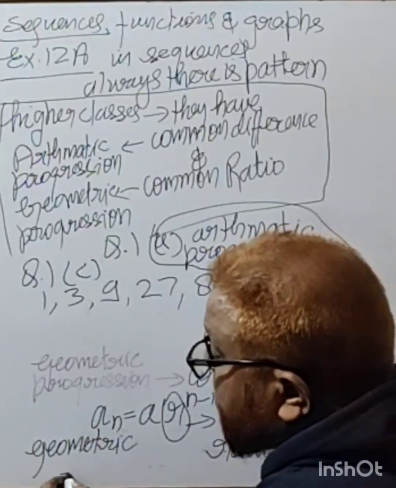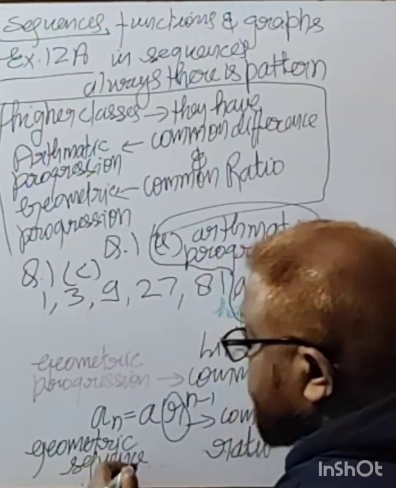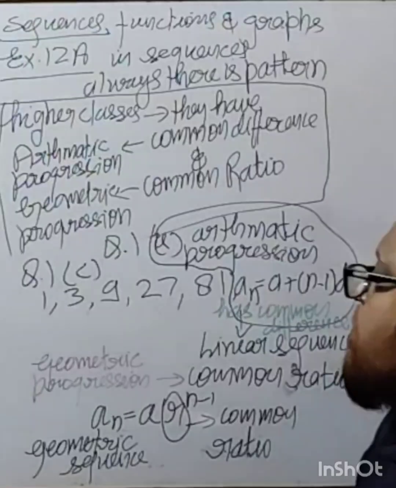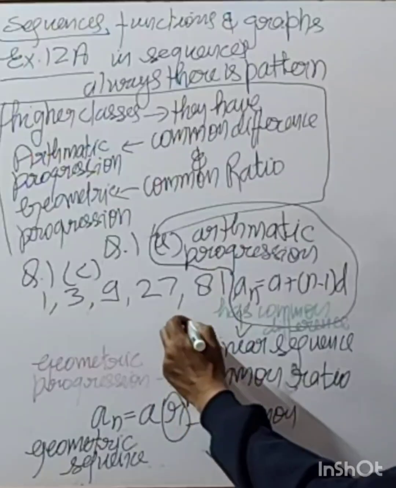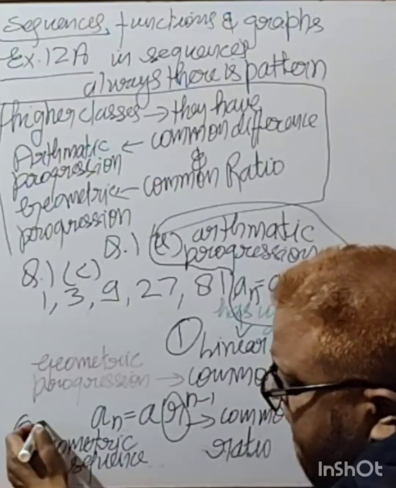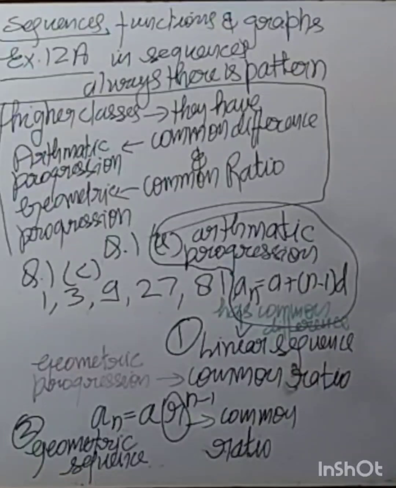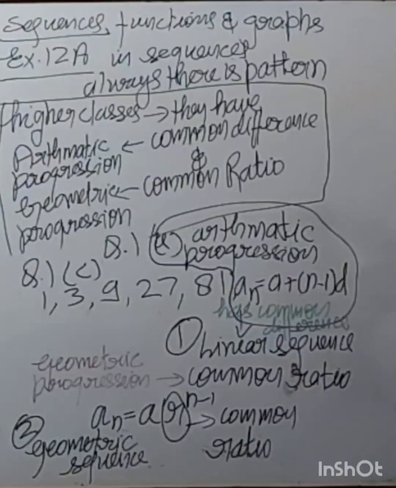So the first is the linear sequence, second is the geometric sequence. Linear sequence is arithmetic progression, they have a common difference, and geometric sequence, they have a common ratio.